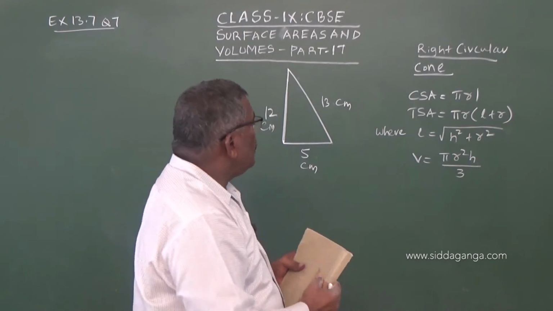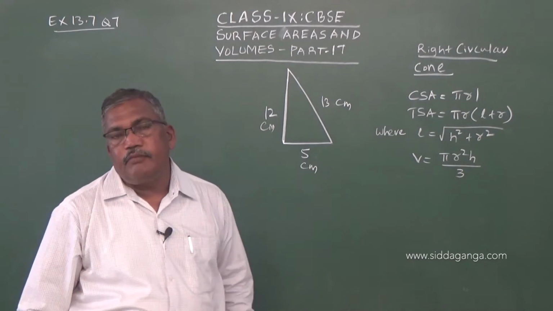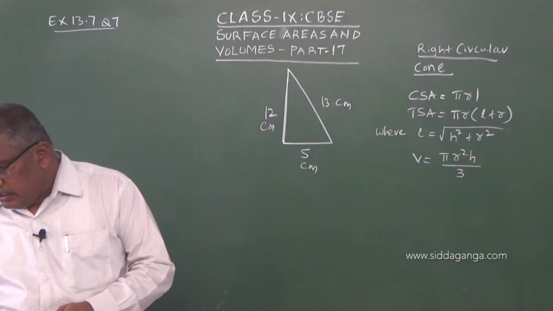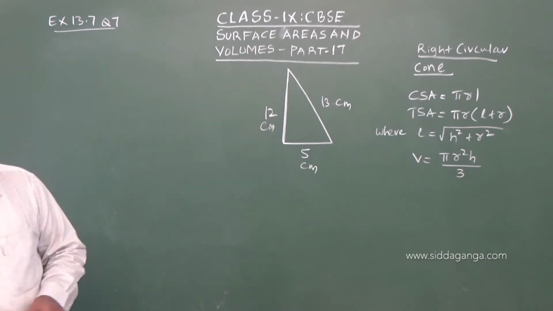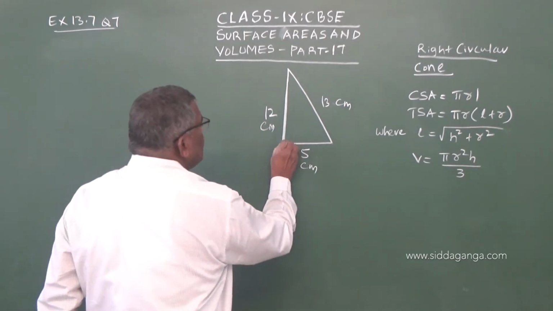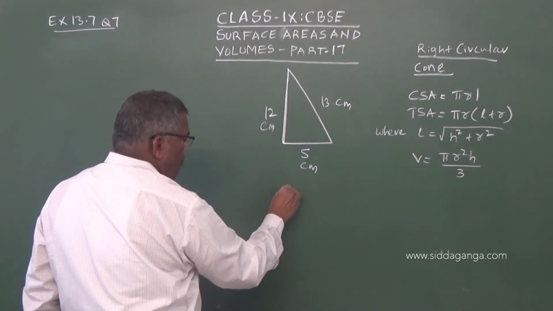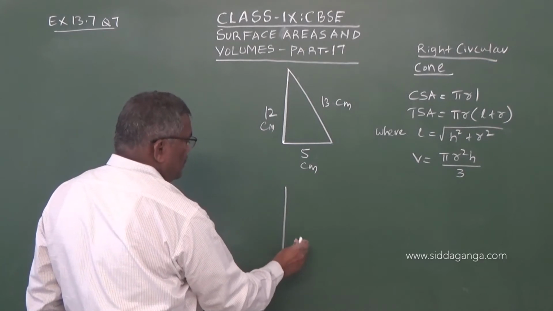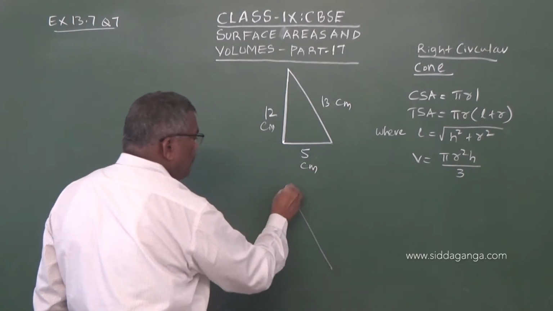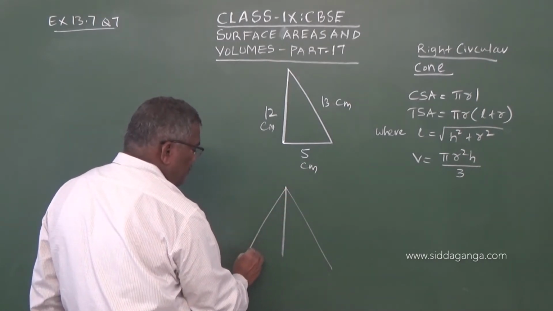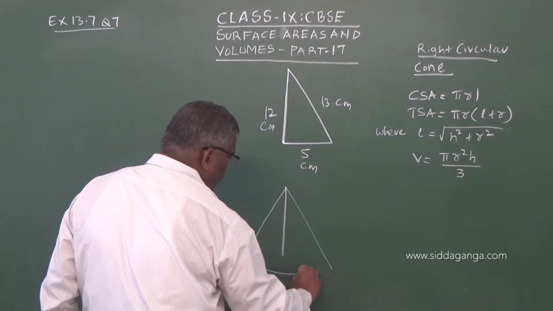What is asked is to find the volume of the solid so obtained. If it is rotated about this axis, the cone will be like this. This is 12 centimeter.